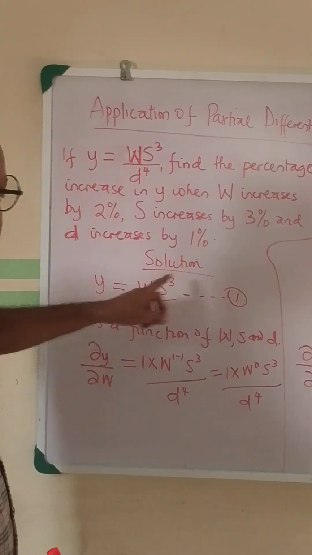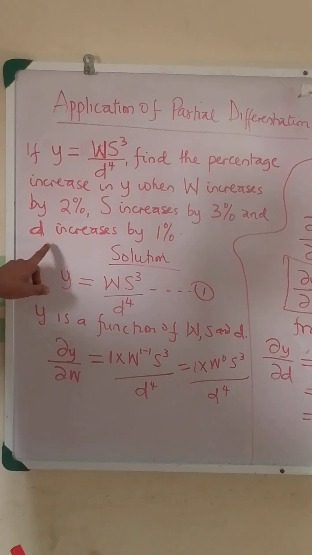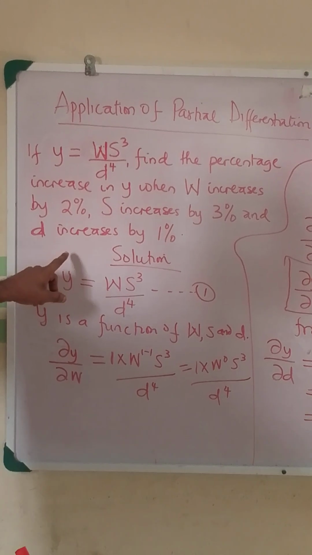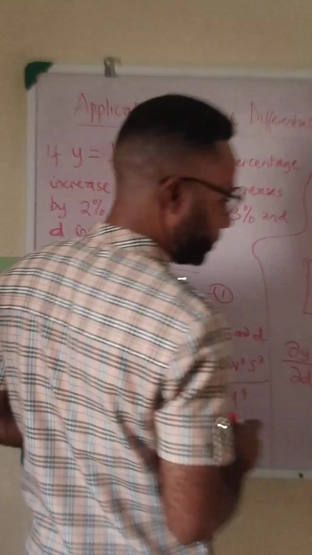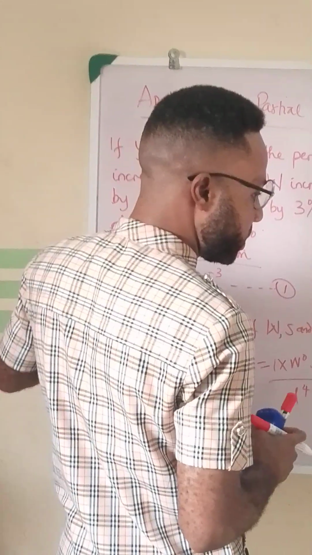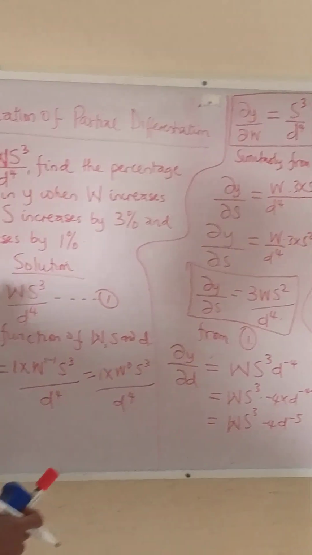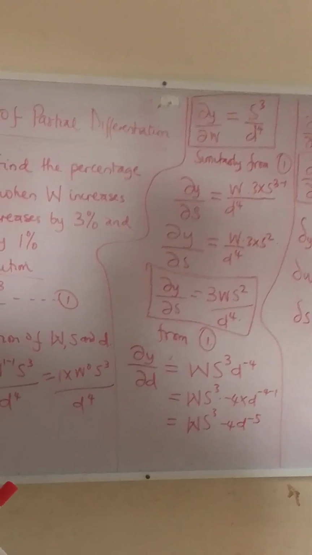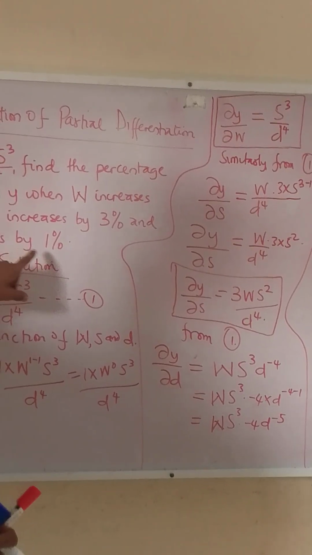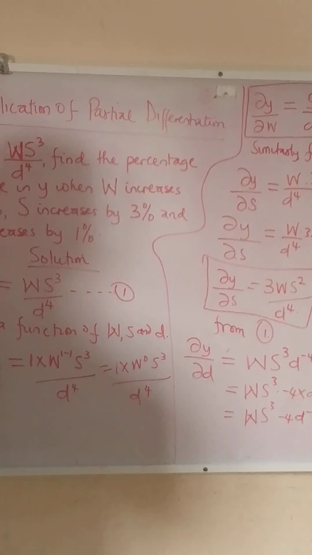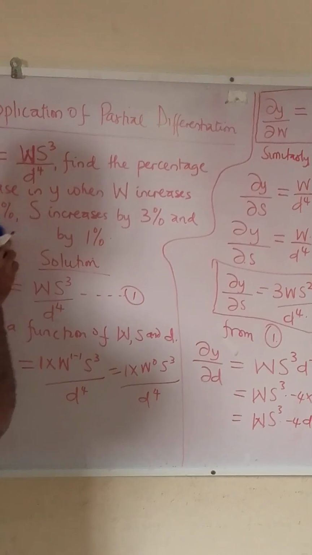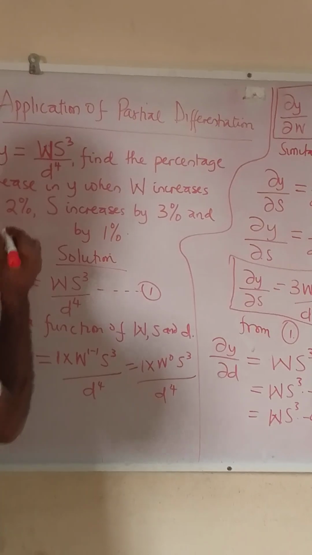And now, finally, we are told that our d decreases by 1%.